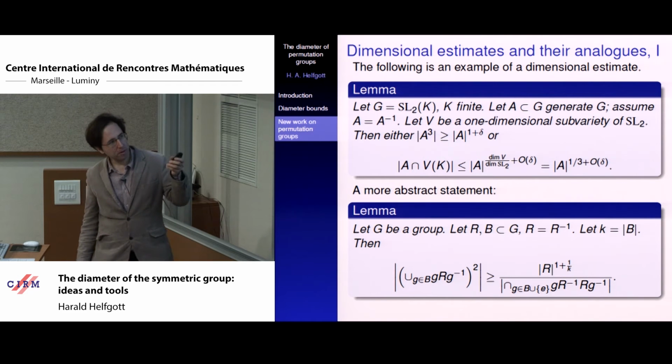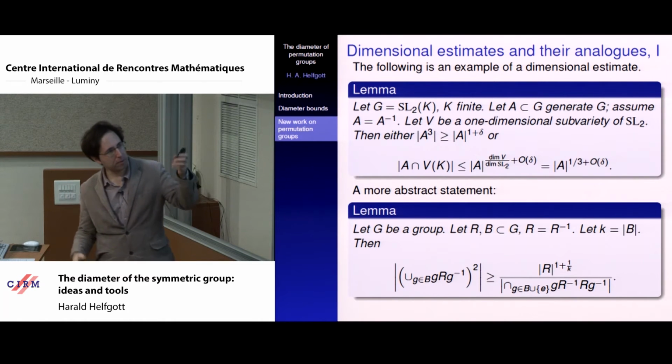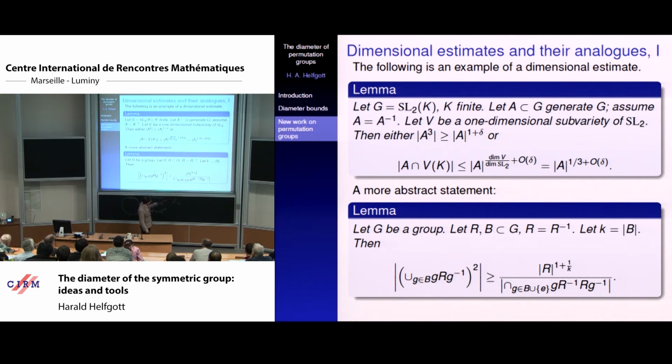So you can say that this set on the left grows after just one step. When you just multiply it by itself, it grows with respect to R unless the denominator is large. Of course, as I said, it's an elementary statement. You might wonder, but what is its meaning beyond its consequence here? Well, you can extract consequences from that in the symmetric group.